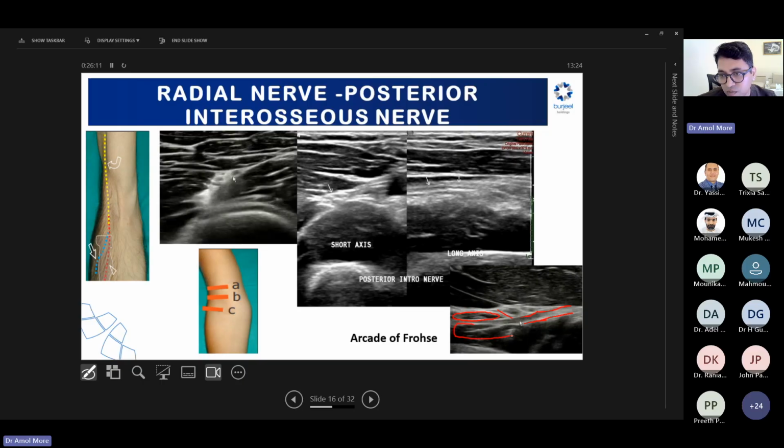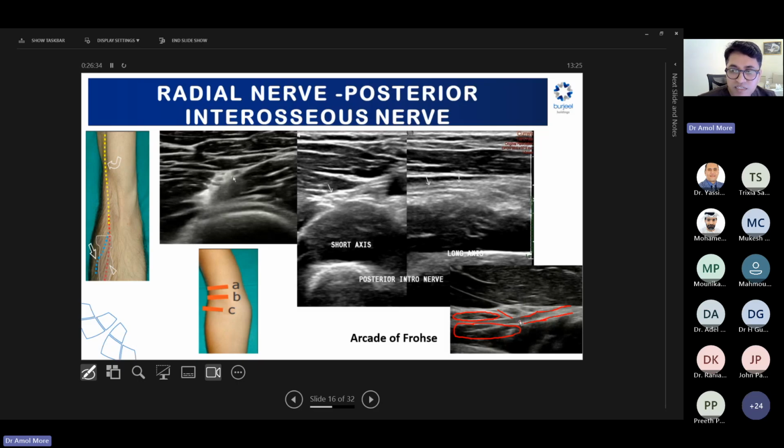This is the deep part of the supinator. At the level of entry of the posterior interosseous nerve between the two parts of the supinator, there is a fibrous thickening, which is nothing but the arcade of Frosch. This is the potential location where the posterior interosseous nerve gets entrapped.